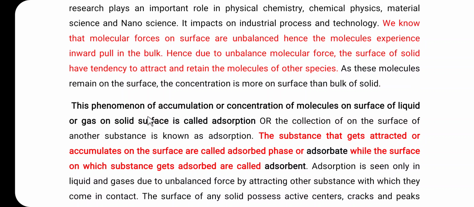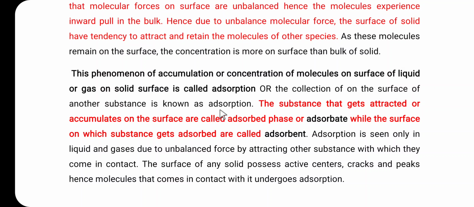This phenomenon of accumulation or concentration of molecules of a liquid or gas on a solid surface is called adsorption. So, this is the definition of adsorption. In another way, we can define adsorption as the collection of a substance on the surface of another substance.